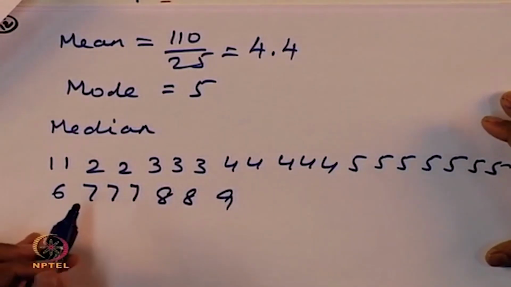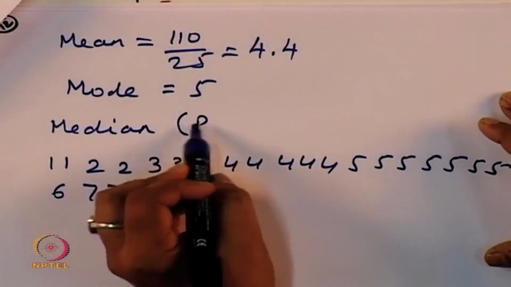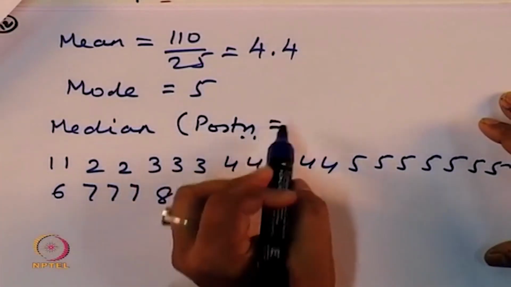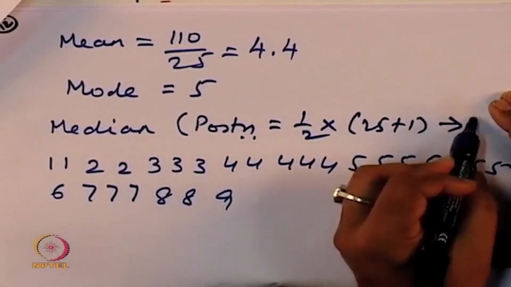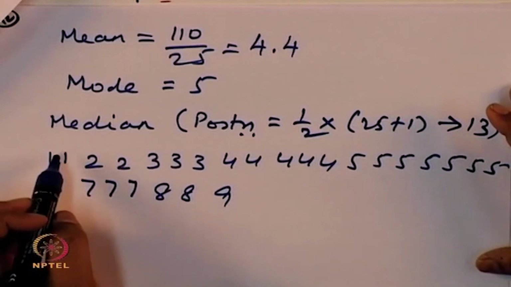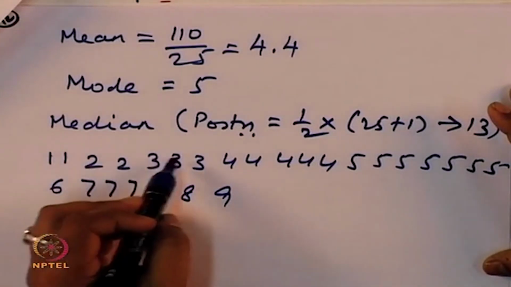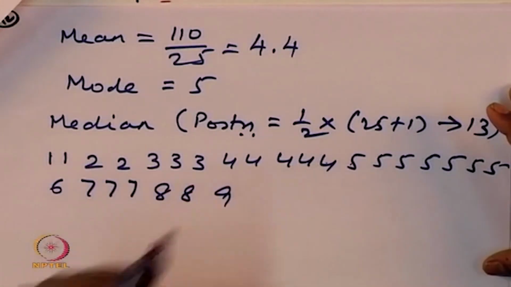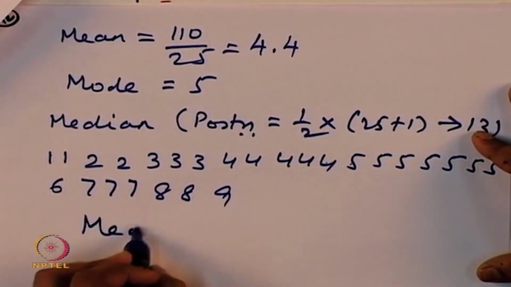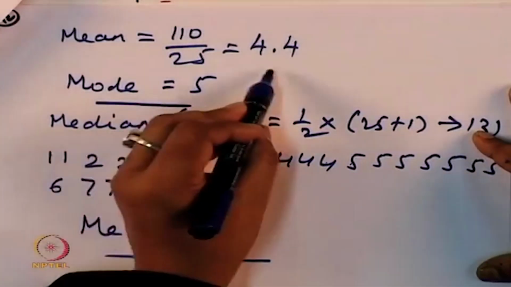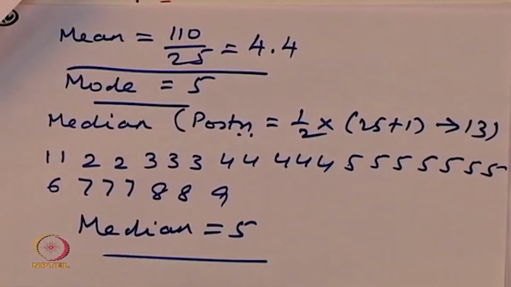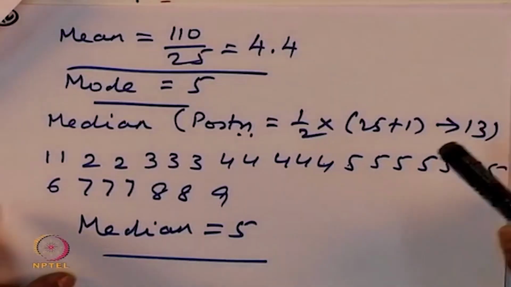So, I want to find the median, which is at position half into 25 plus 1, which is position 13. And what is position 13? Counting 1 2 3 4 5 6 7 8 9 10 11 12 13, we get a median equal to 5. So, these are your 3 observations. You see in this particular case, mean, mode, median are all very close to each other, but still there is a difference.